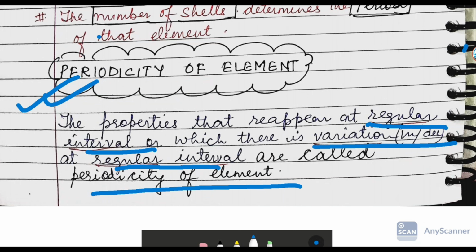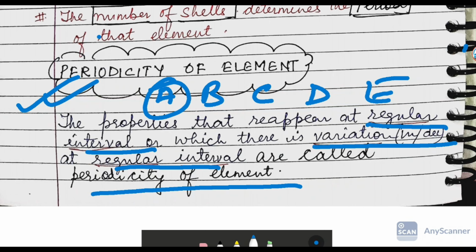What does this mean? That after some interval, suppose this is A, B, C, D, E, A will show the property of E, and so on. Then E will also show the property of, suppose, J or G. So after a regular interval, it will show some variation or the same property.